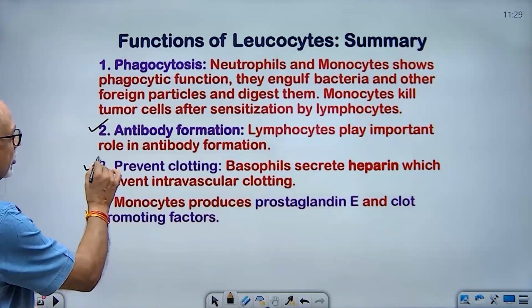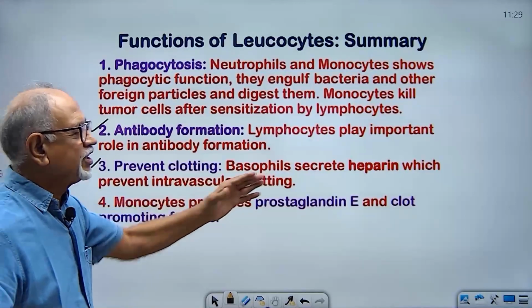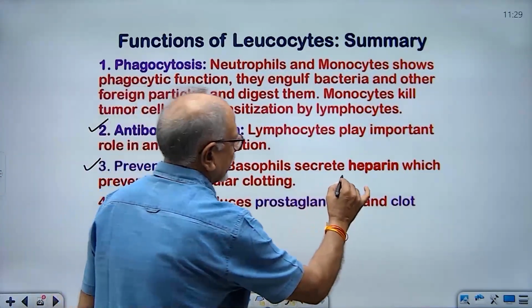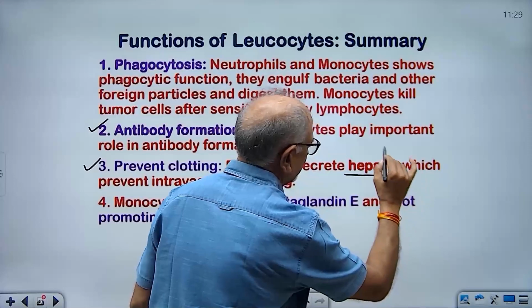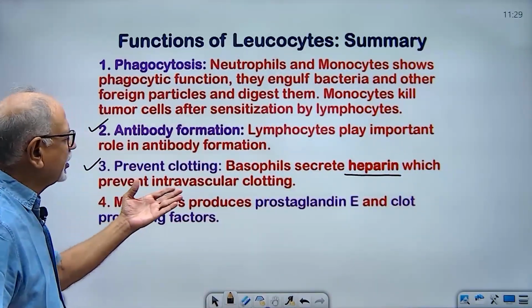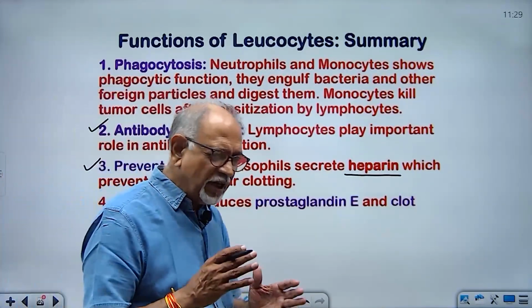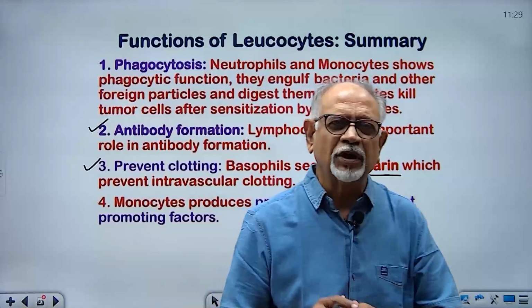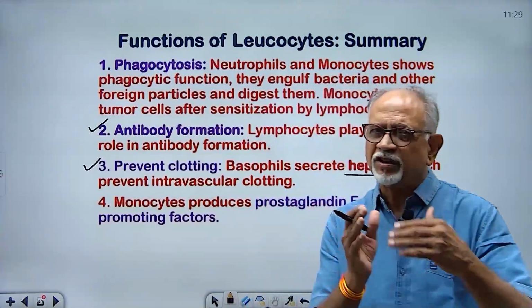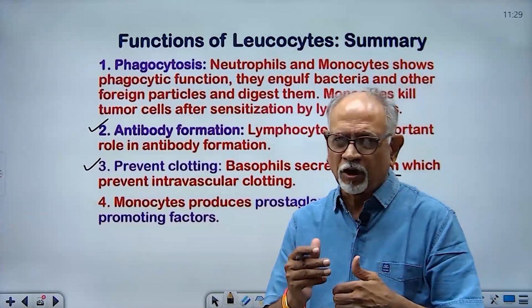Now, they prevent blood clotting. The basophils secrete a chemical called heparin, which is important in preventing intravascular clotting. You know, whenever there is damage to a blood capillary or blood vessel, even inside the body, there is a tendency of blood to form a clot.